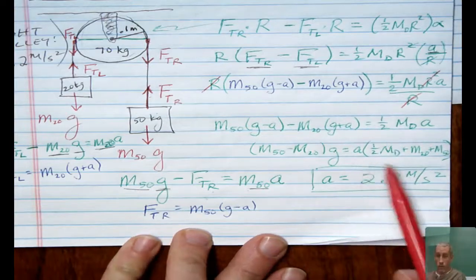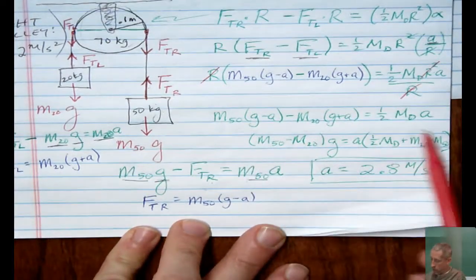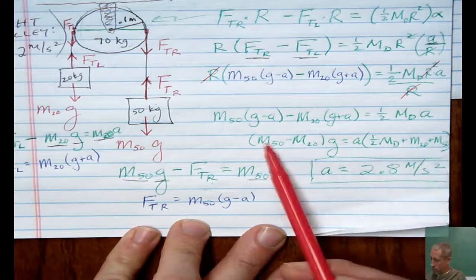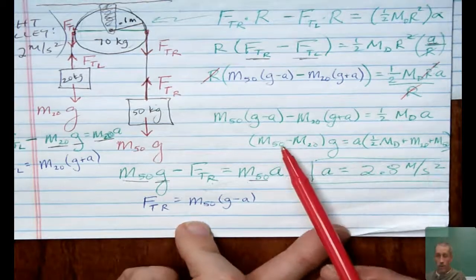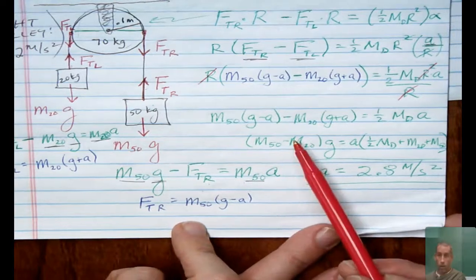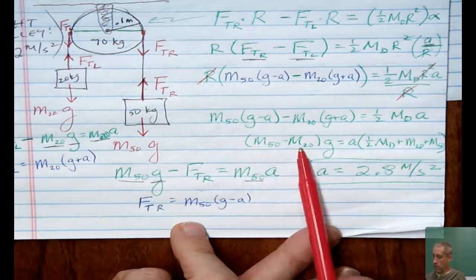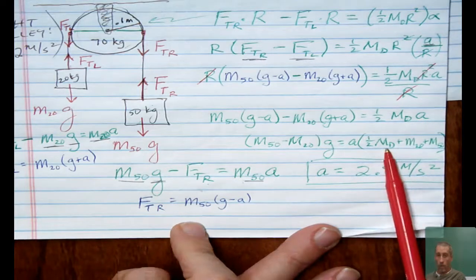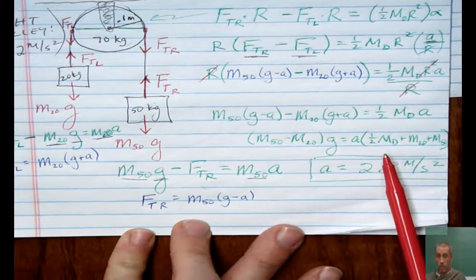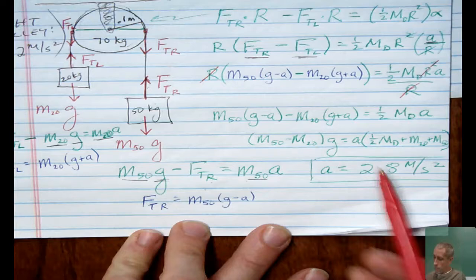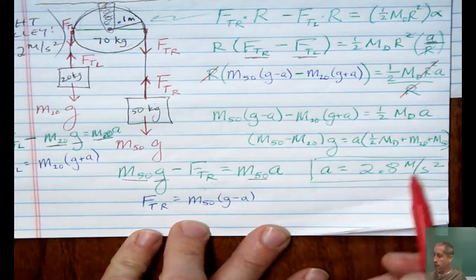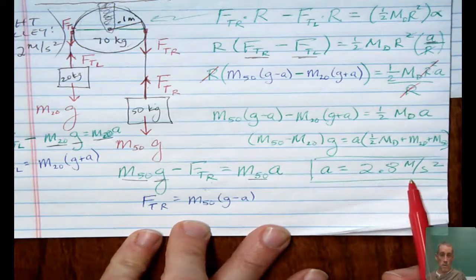Obviously I know little g, and so I rearranged some things to kind of group my terms together. I did not show, because of space, myself plugging in 50 kilograms and 20 kilograms and 70 kilograms for these, but you can check my math if you want to. And when I solved for A, I got 2.8 meters per second squared.